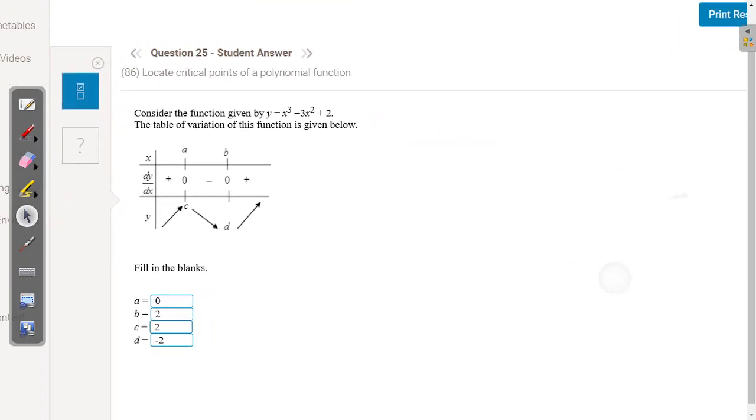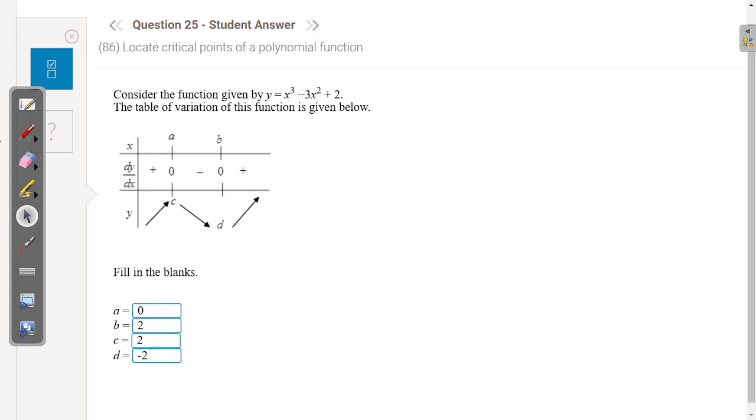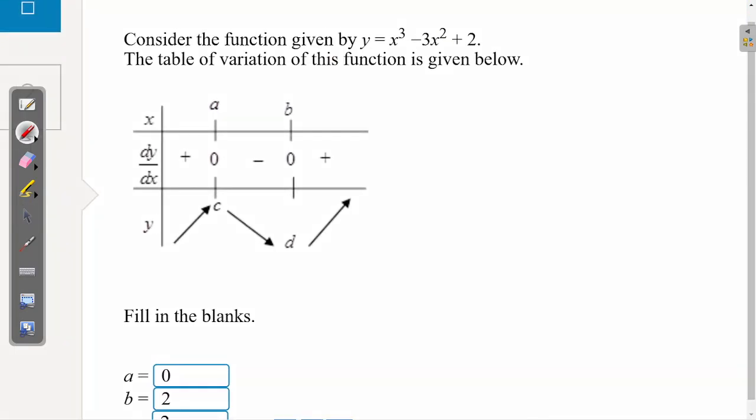Okay, for this, look, a and b have derivative of 0. So to find them, you do the same thing as we did before. You find the derivative, make it equal to 0, and find the x and the y. So y prime equals 3x squared minus 6x.